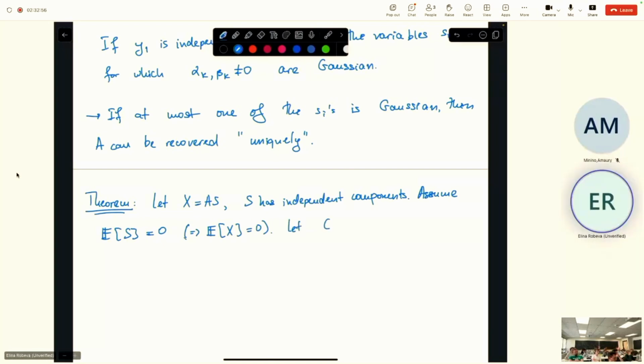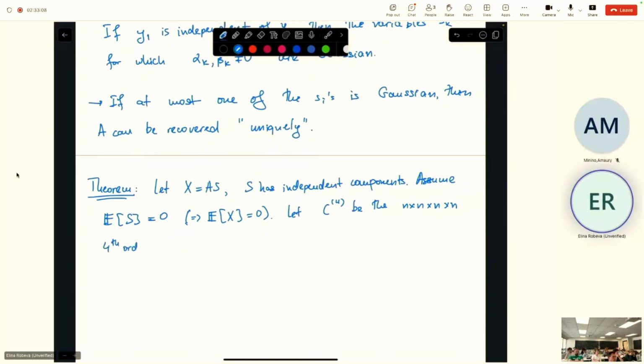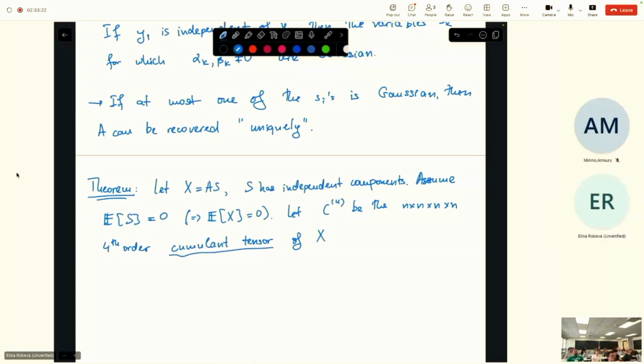Let C4 be the n by n by n by n fourth order cumulant tensor of X. I'll define what this is, i.e. the tensor with entries. C4 is a four-way, order 4 tensor, so it has 4 modes.